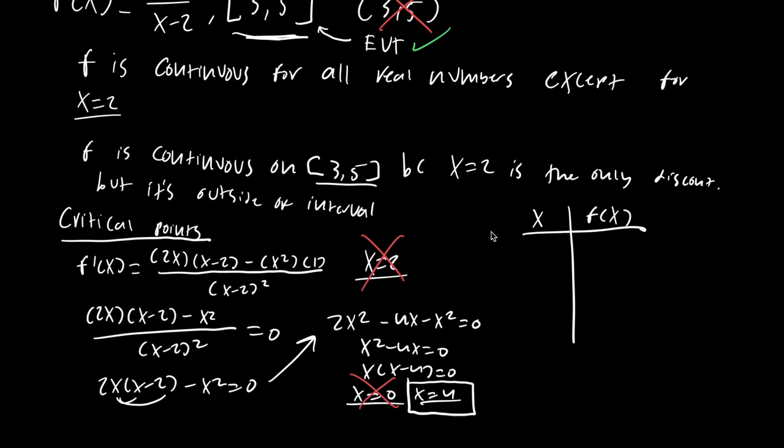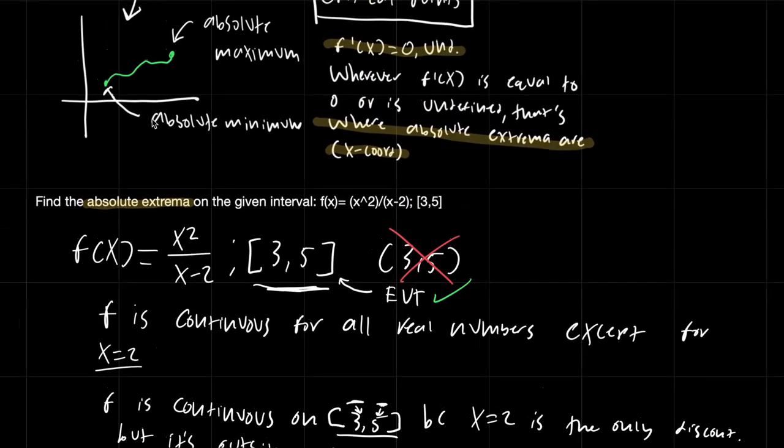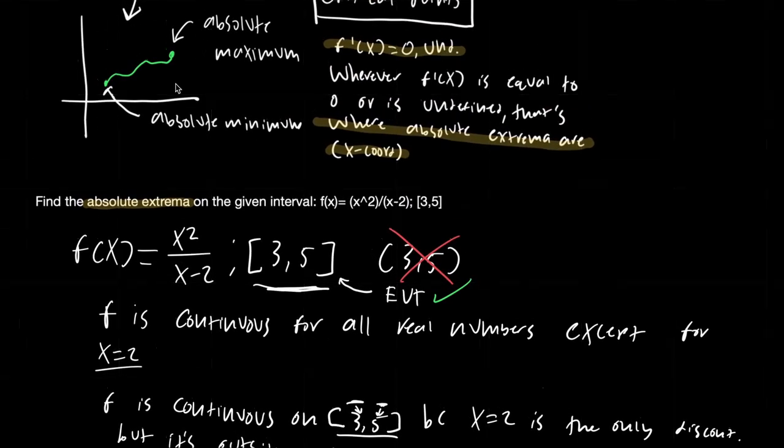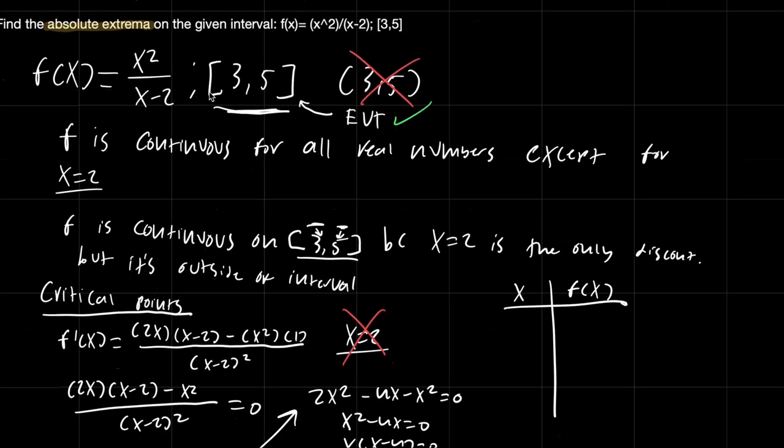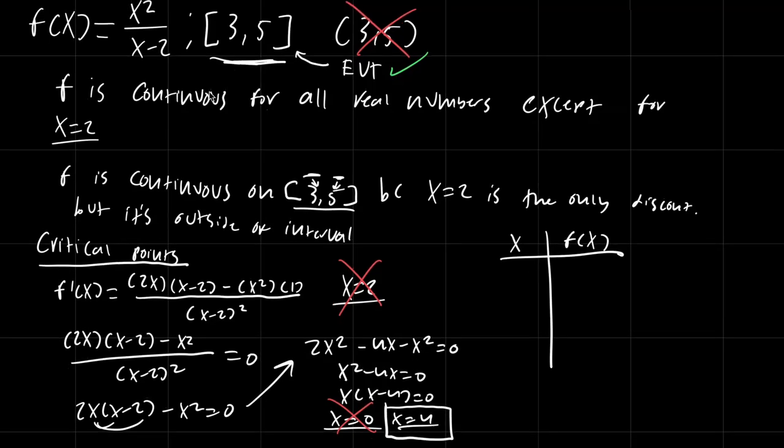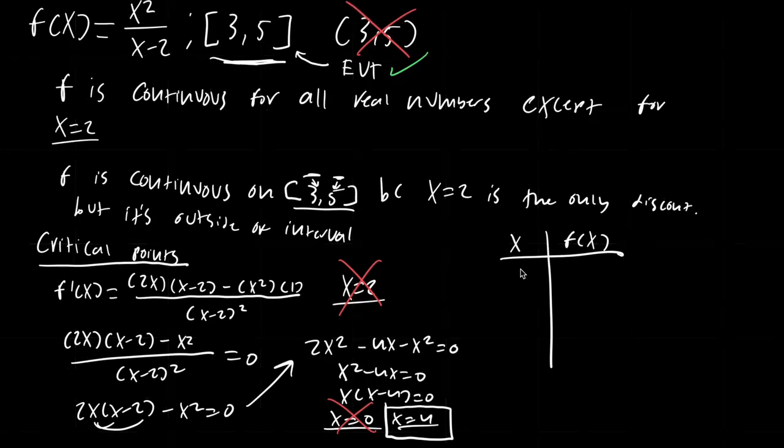For our x values, we're going to use the endpoints of our domain, because according to EVT, our endpoints can be the absolute maximums and absolute minimums. So we include our endpoints and our critical point: 3, 4, and 5.